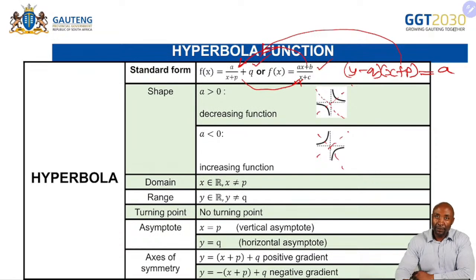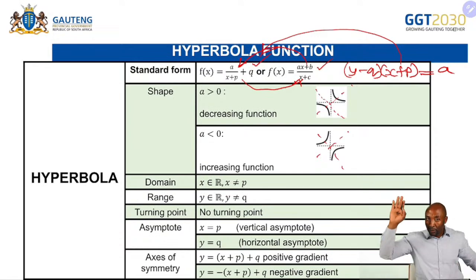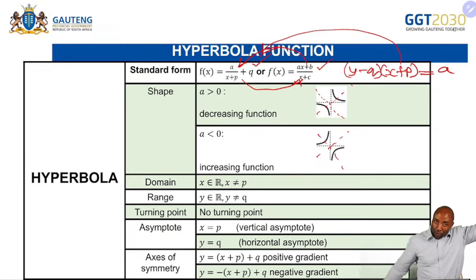You cannot have them looking like they are flying away from each other. It's always quadrant 1 and 3, quadrant 2 and 4 as a way of determining the correct shape, especially if we are supposed to sketch, and our a determines the position of our arms there.